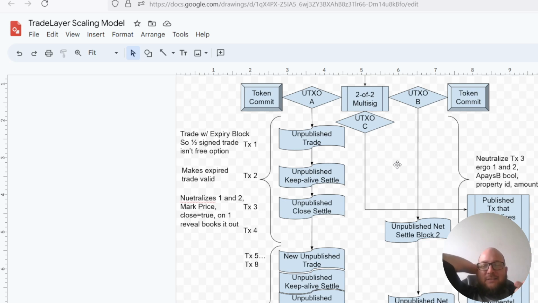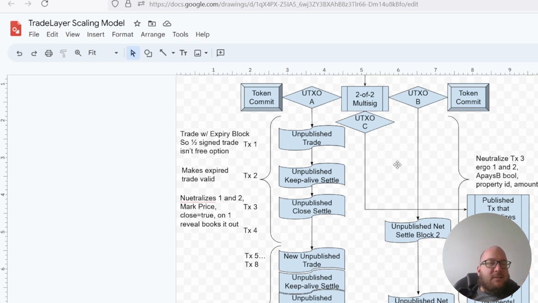That transaction doesn't even reference any TXIDs. Instead, it says I'm going to pay you this, or you're going to pay me this, property ID, amount, whatever, and we're going to neutralize all the trades that were made between block A and block N.